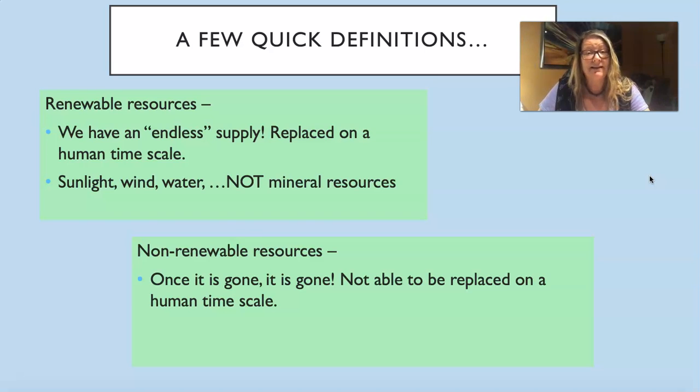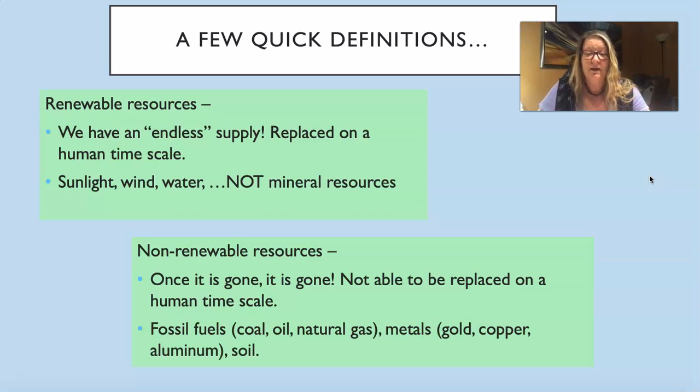But for example, it takes millions and millions of years for a coal deposit to form. So once we've used it as humans, it's gone. But in millions and millions of years, there'll be some more. Examples are fossil fuels, like I was just mentioning, metals, minerals, and even soil. In this day and age, we are using them faster than they naturally form.